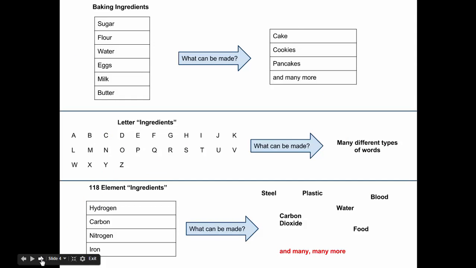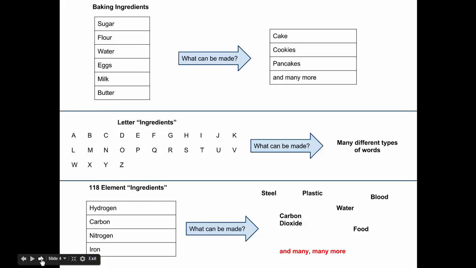So, if you look at baking ingredients, right, we have sugar, flour, water, eggs, milk, butter. Depending on how you combine them, the different amounts, you can make a cake, you can bake cookies, pancakes, and many other different things. So think of letter ingredients. We have 26 different letters. Depending on how you combine them, you can make many different kinds of words.